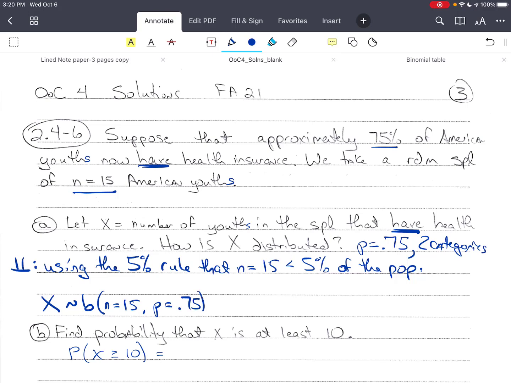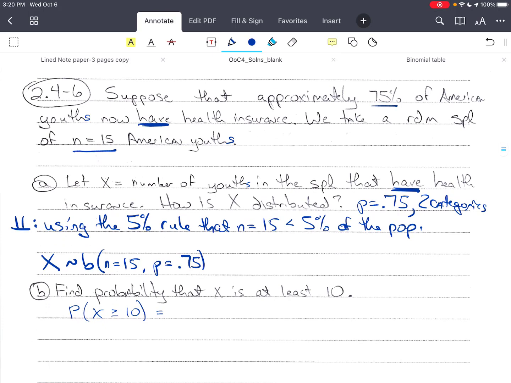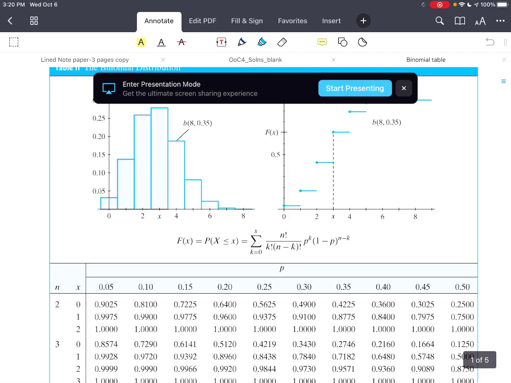We want to find the probability that x is at least 10. So this is the probability that x is greater than or equal to 10. Now, we have p equals 0.75, and we can't find that on our binomial table here.